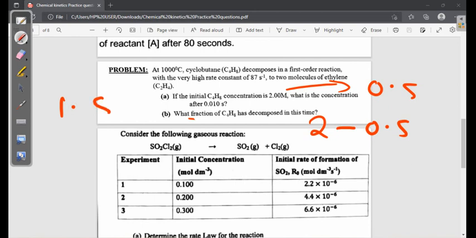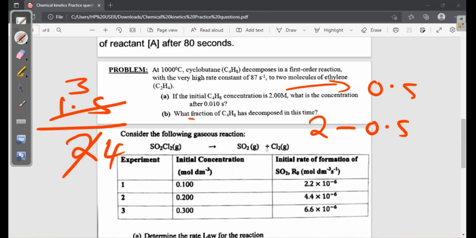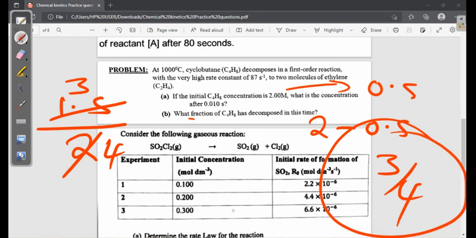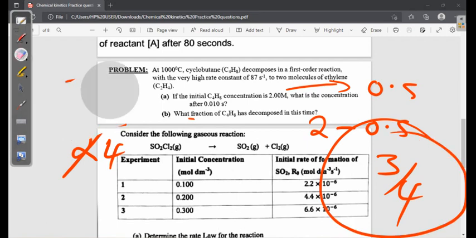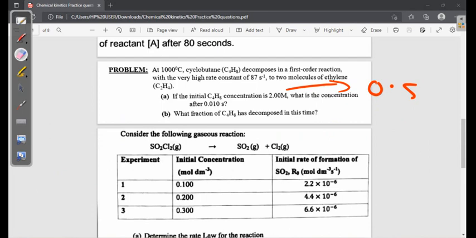So you know that 1.5 has decomposed. Now, out of what? Out of the total 2. So it will be 3 over 4, so 3 quarters have decomposed. That's a basic interpretation. So whatever you're going to find, subtract from the initial and then divide by the initial.